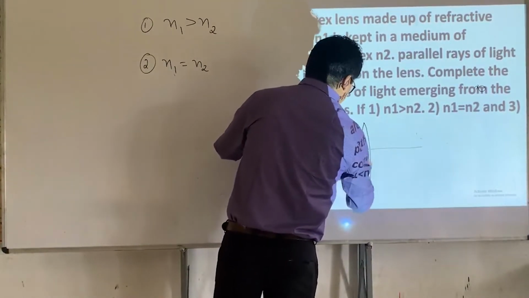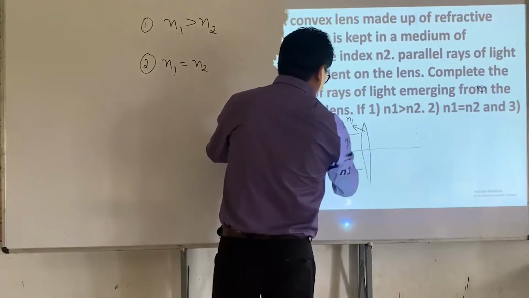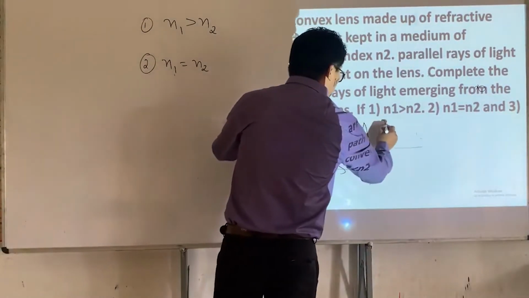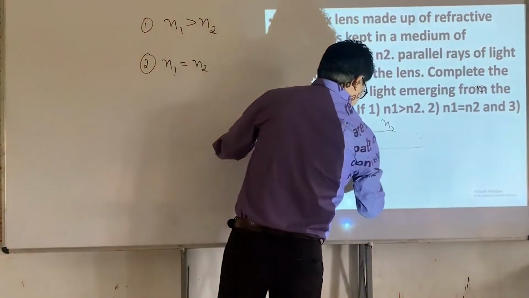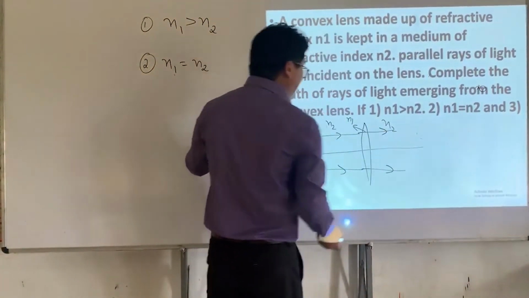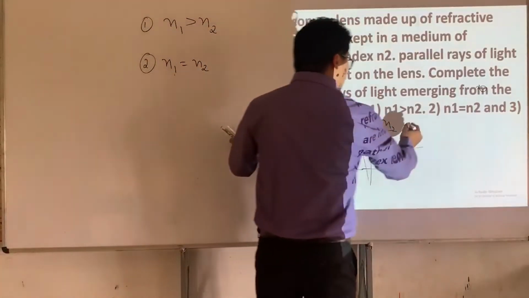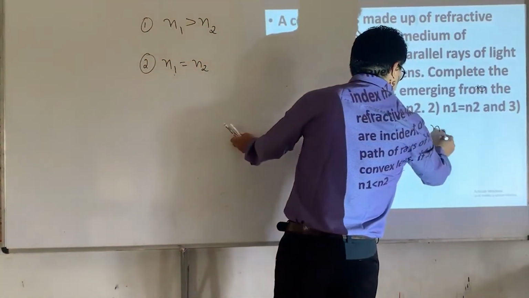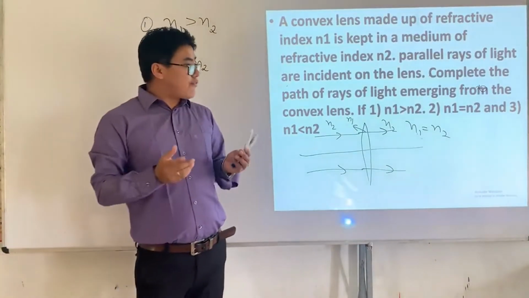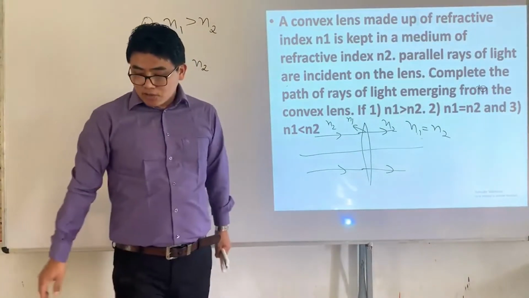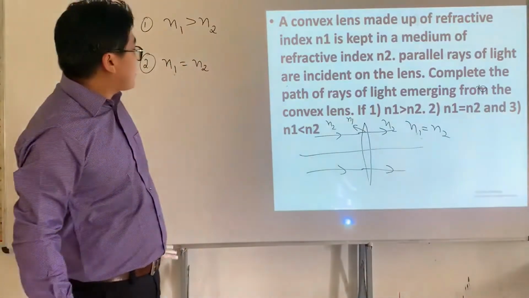So this goes like this. So this is N1, this is N2, this is N2. So the ray doesn't undergo any changes. Why? N1 is equal to N2. No refraction takes place in the same medium. So this is the second case.